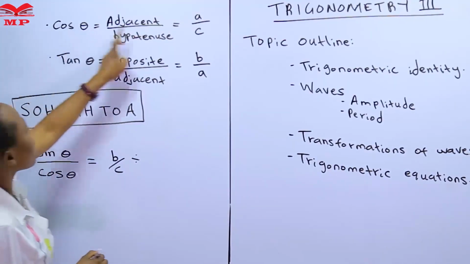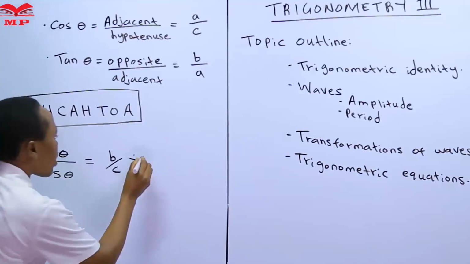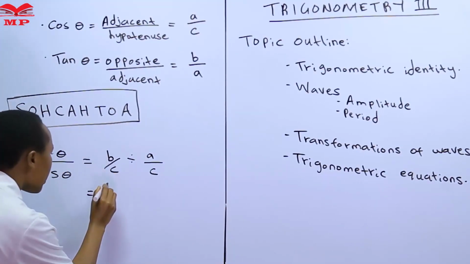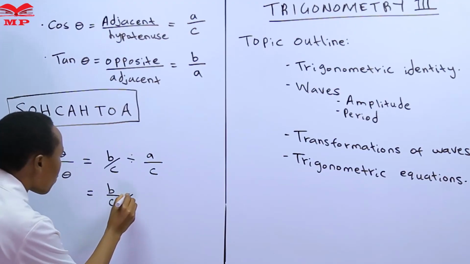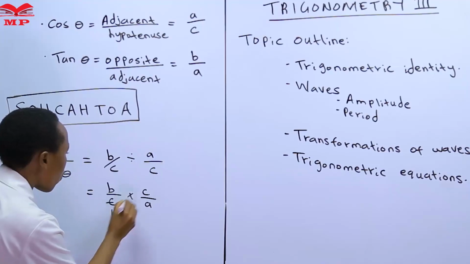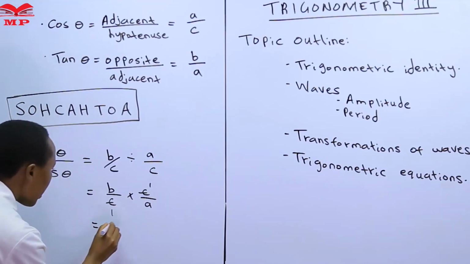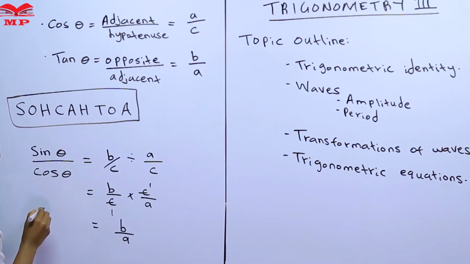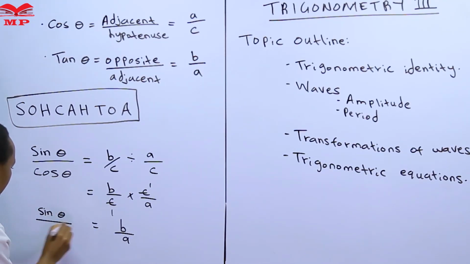And our cos theta is A over C. So we are dividing by A over C. If we divide this, we multiply by the reciprocal, which is C over A. So we end up getting B all over A. So we can say that sine theta divided by cos theta is equal to B over A.